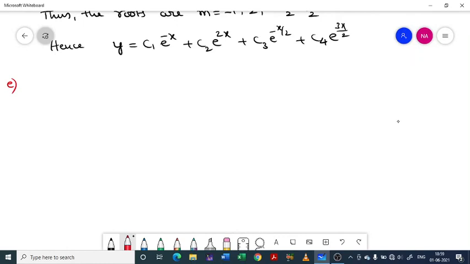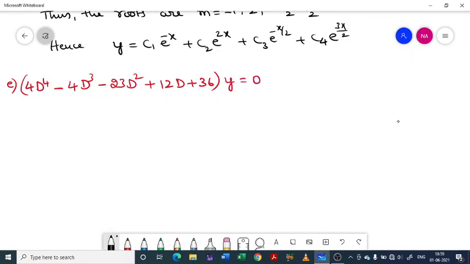So problem E, okay, we shall consider one more equation of type D, similar to problem D. So the equation is 4D power 4 minus 4D power 3 minus 23D square plus 12D plus 36 into y equal to 0.